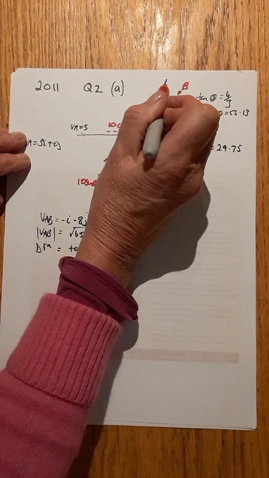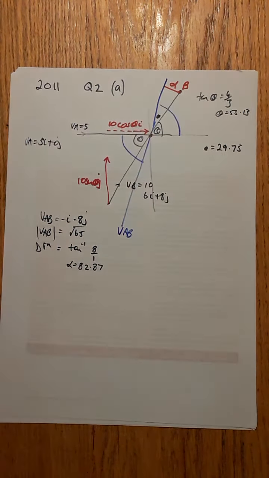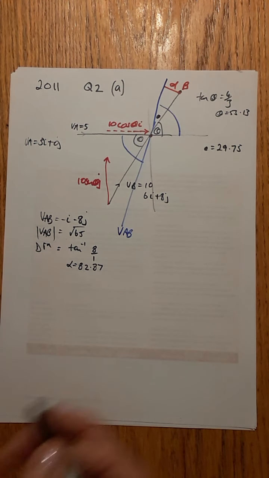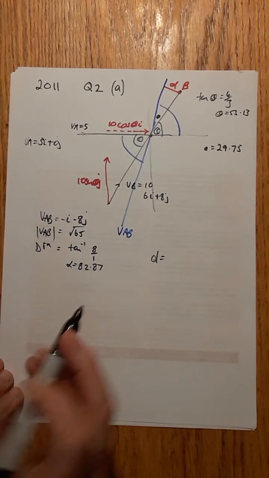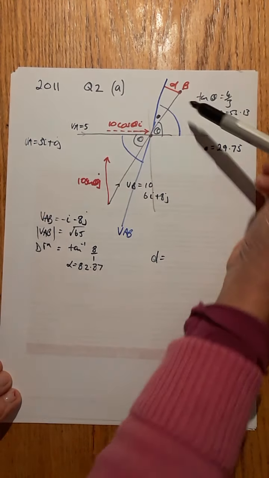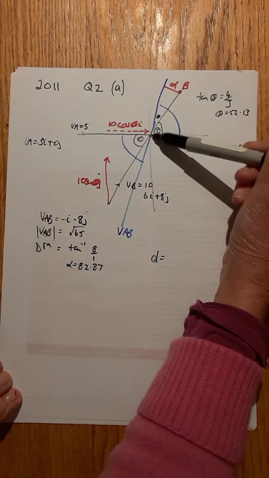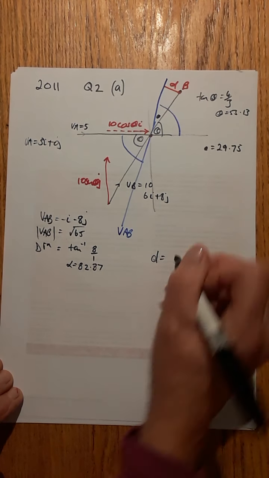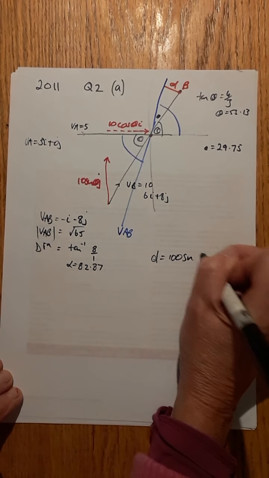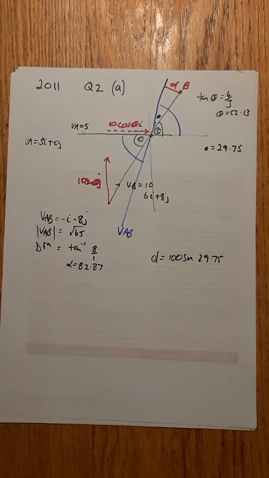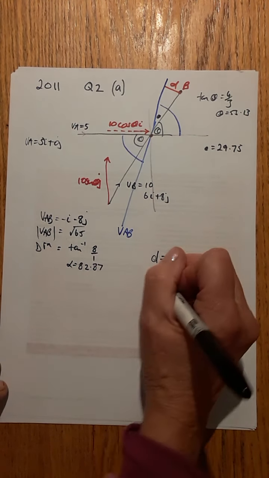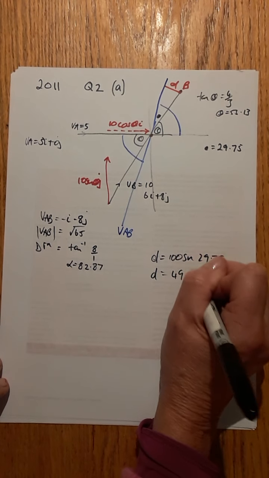When you drop that perpendicular, that D, that's going to be your closest distance, the shortest distance between the cars. So the sine of theta is D over 100, which means that D is 100 times the sine of 29.75. And when you get that, you get 49.6 metres.